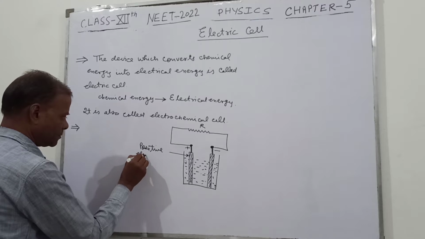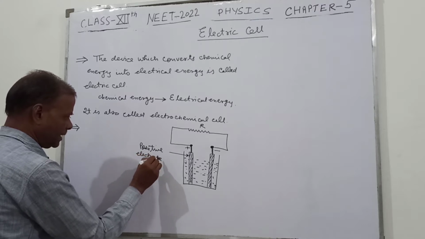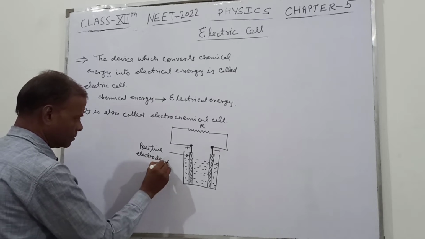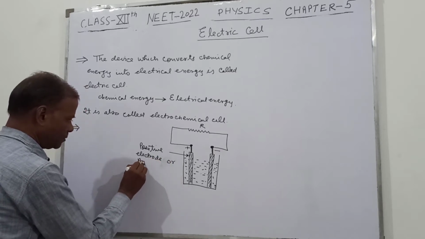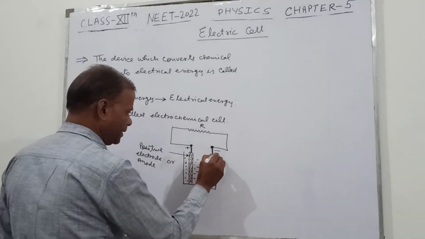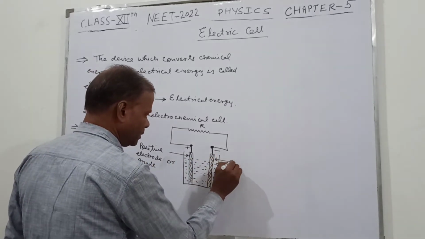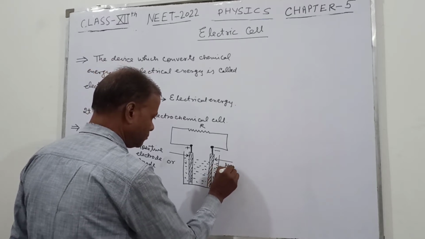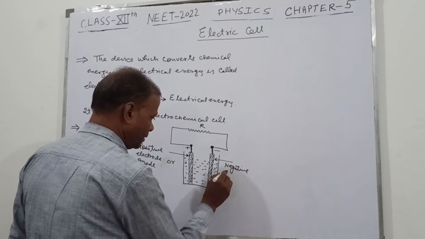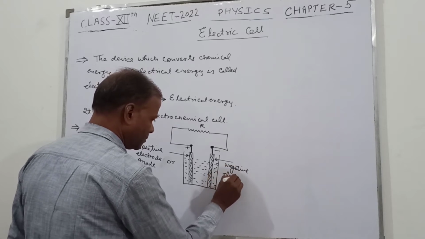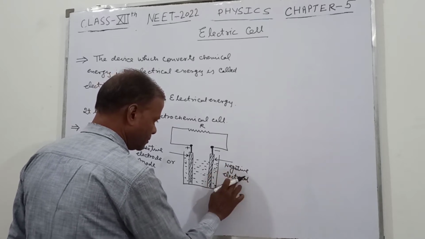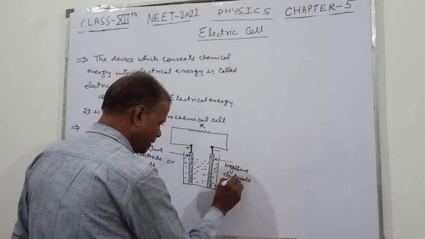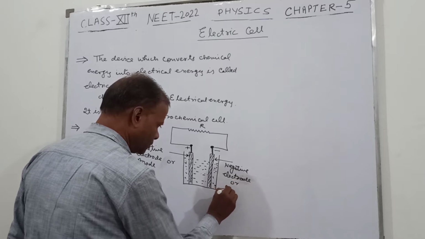Positive electrode or anode. Negative electrode or cathode.